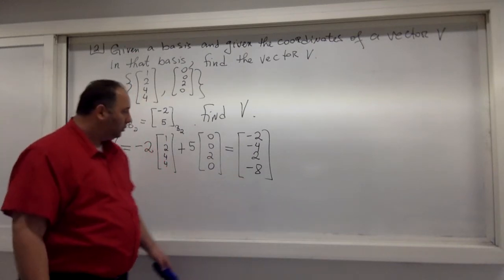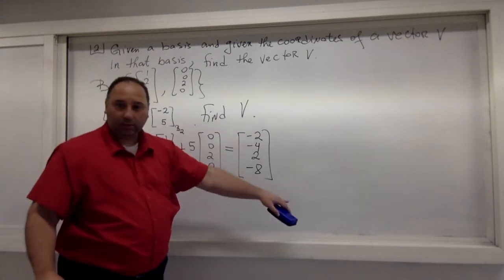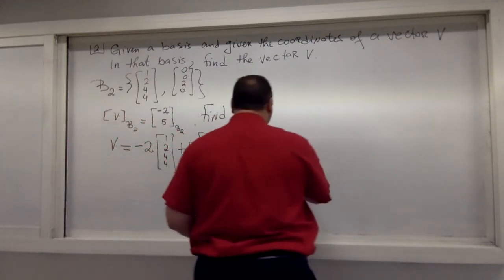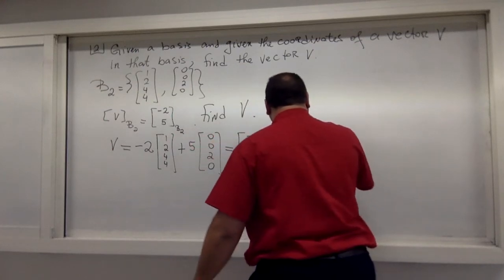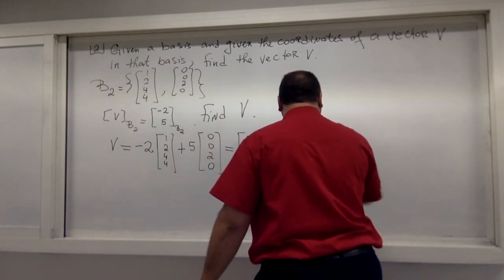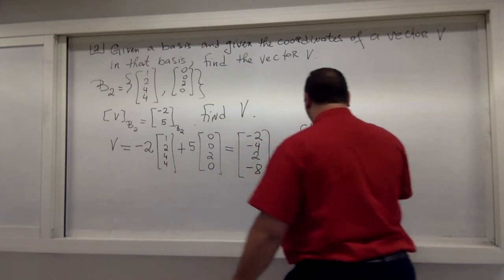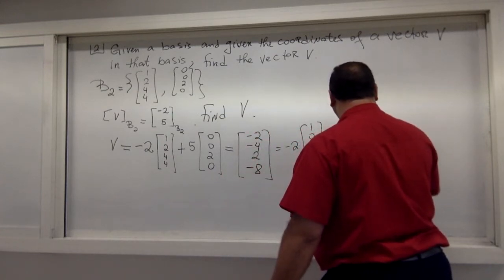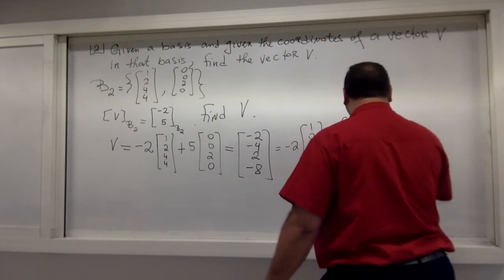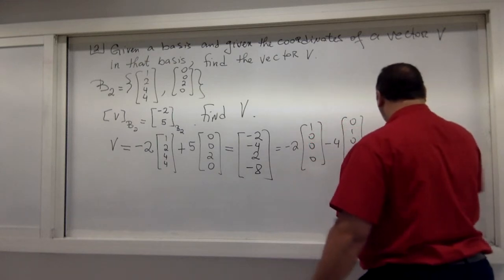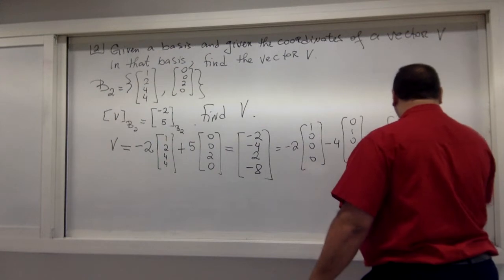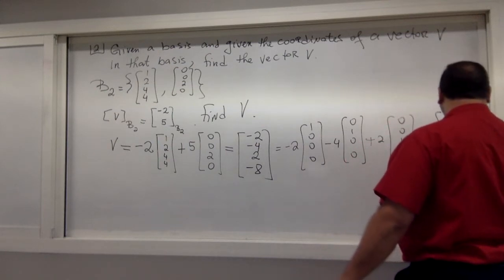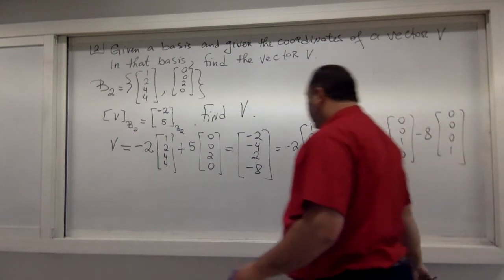Well, that's obvious. It's -2 times 1, 0, 0, 0, plus -4 times 0, and so on, or you can write it if you wish, just for fun. So what we have as a vector is actually its representation in the canonical basis. So, not a big deal. We don't need to write this ever in life, but just to make sure you know what's going on here.